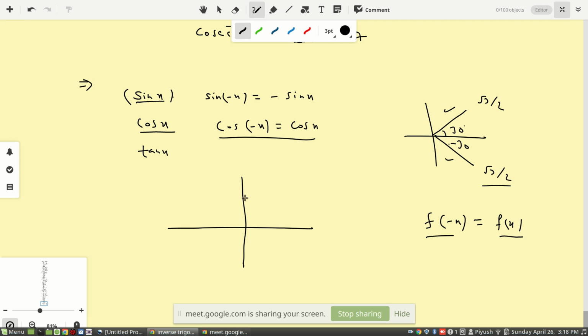Now here is the graph of cos. Let's say I am moving x distance and negative x distance from the origin, then the corresponding y value will be the same. At the x value and the negative x value, the cos function gives the same answer.